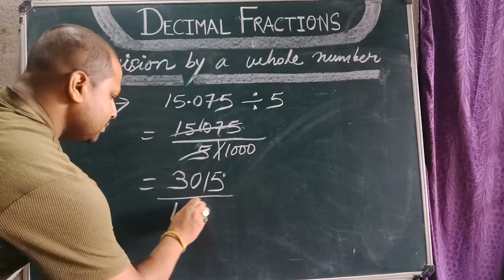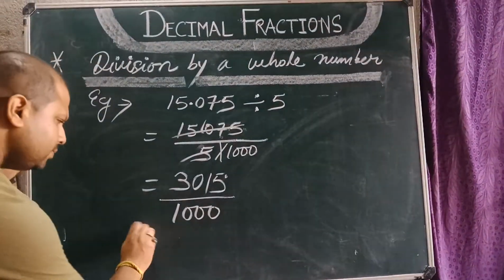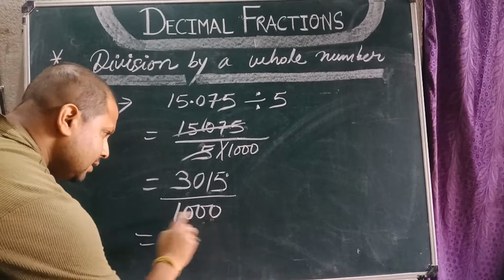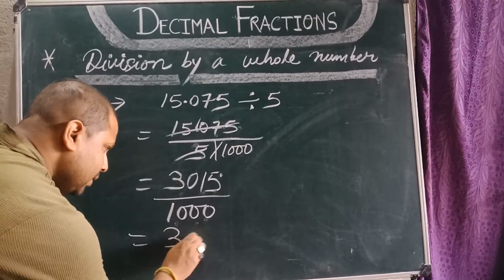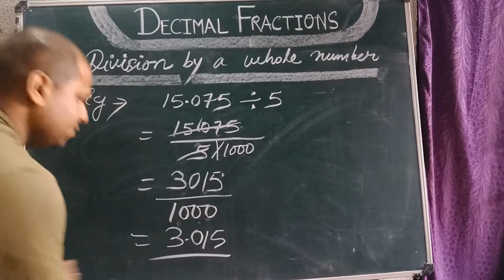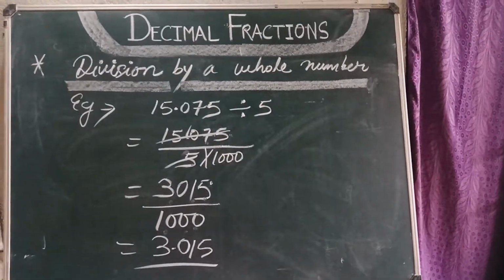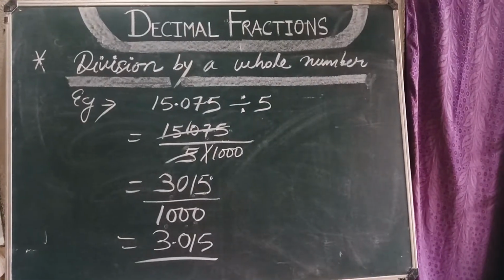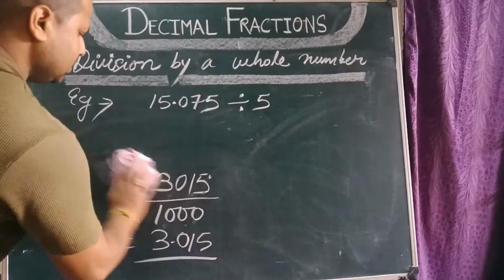So 1000 is there at the bottom. So it will be 1, 2, 3. Three digits are there and three zeros are there. So it will be 3.015. If you are confident to go through it like this, you can do so. Otherwise, we can go through the proper division. How to do so? See this.